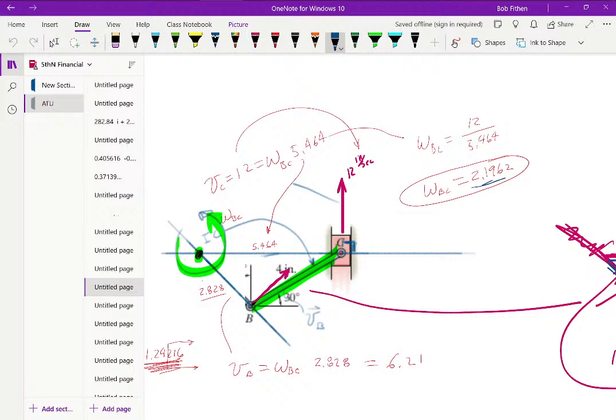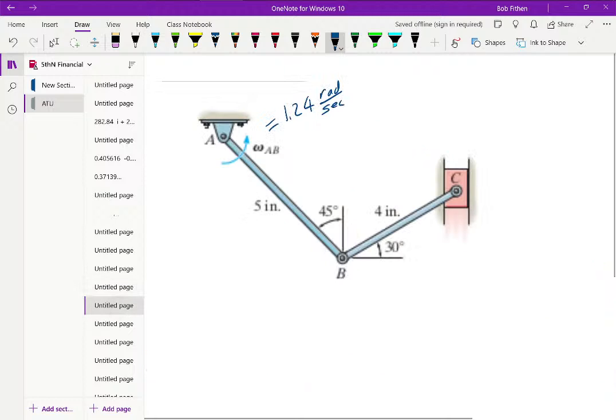How about 2.2? We'll just take it as 2.2. Omega BC is equal to 2.2, and it is doing this way.